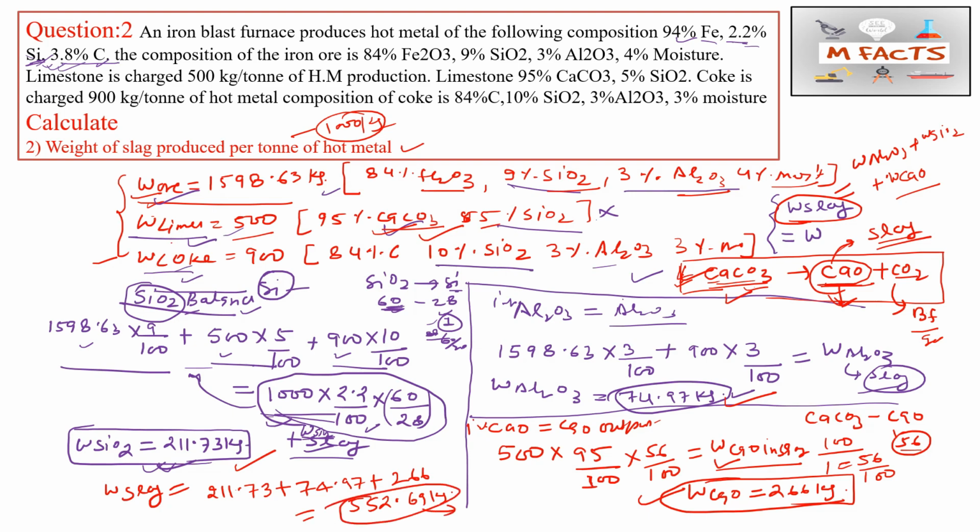Now we will see again how we did this question. We had input materials ore, lime and coke, and output materials hot metal and slag. Whatever does not go into hot metal or blast furnace gas will come into the slag part.